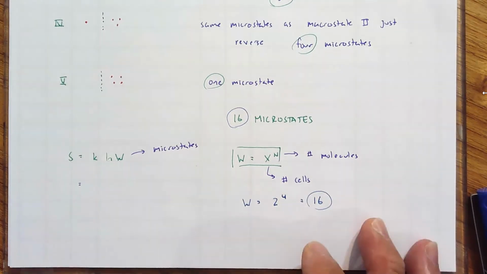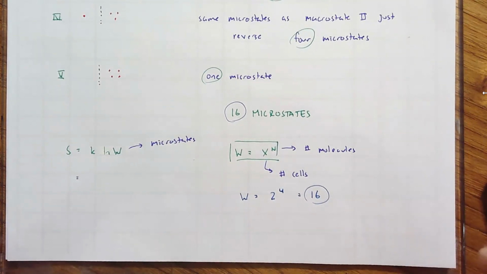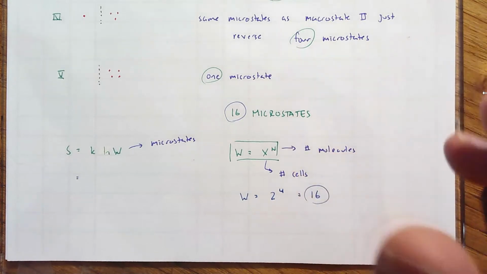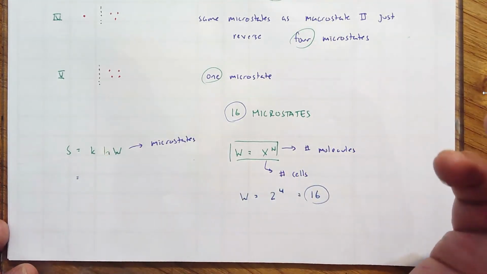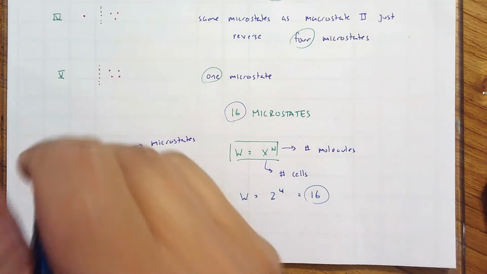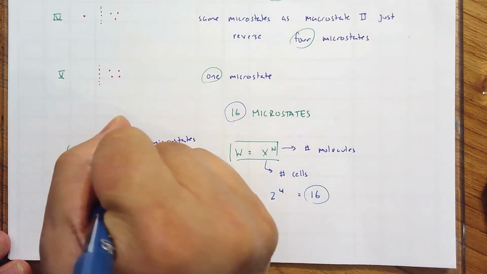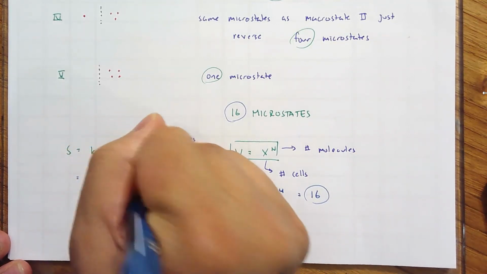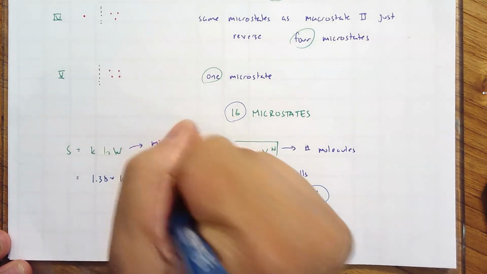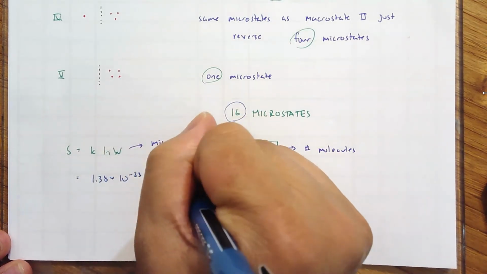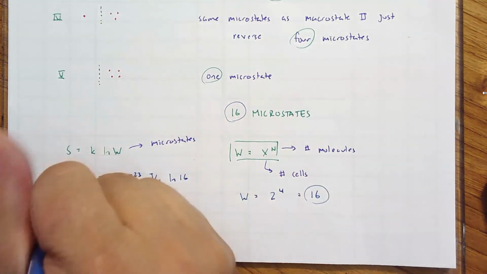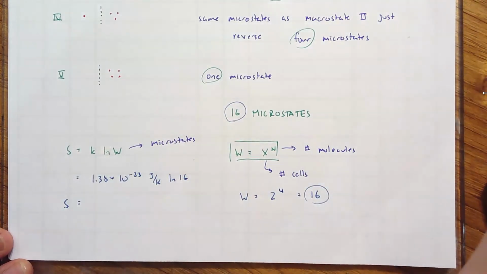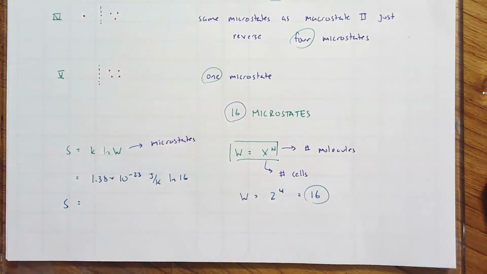It will be more likely that you'll need to be able to diagram or figure out the number of microstates. But anyway, the Boltzmann constant is 1.38 times 10 to the minus 23 joules per K, and then ln of 16 gives the entropy S of the system: 1.38 times 10 to the negative 23 times ln of 16.